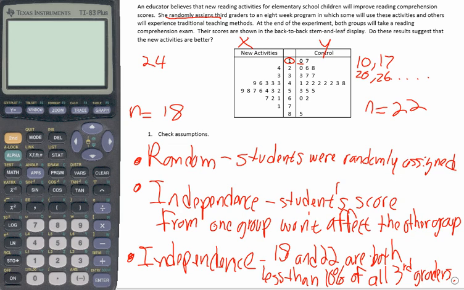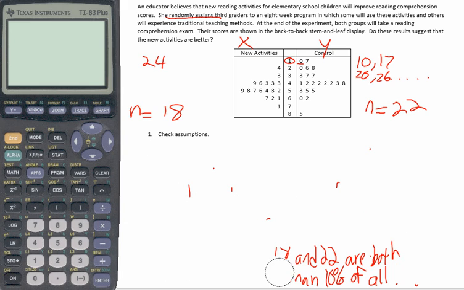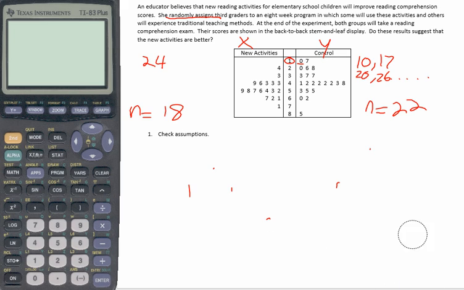All right, so we have random, we have independence, and you guys remember that last one, normality. So let me erase these assumptions, and we'll get normality. So with normality, that's where we have the large counts condition.